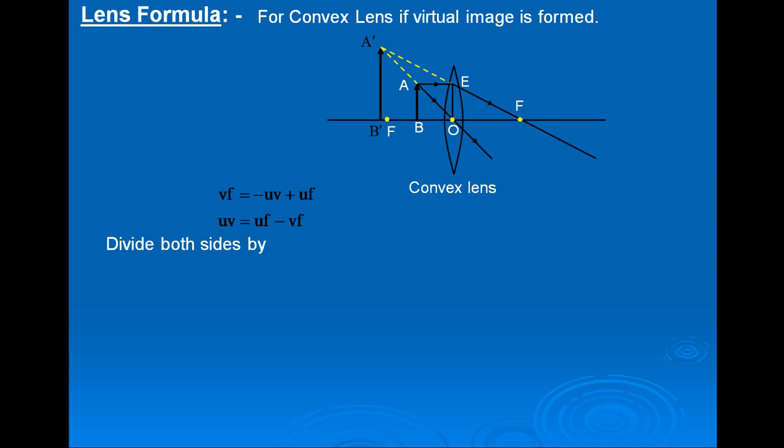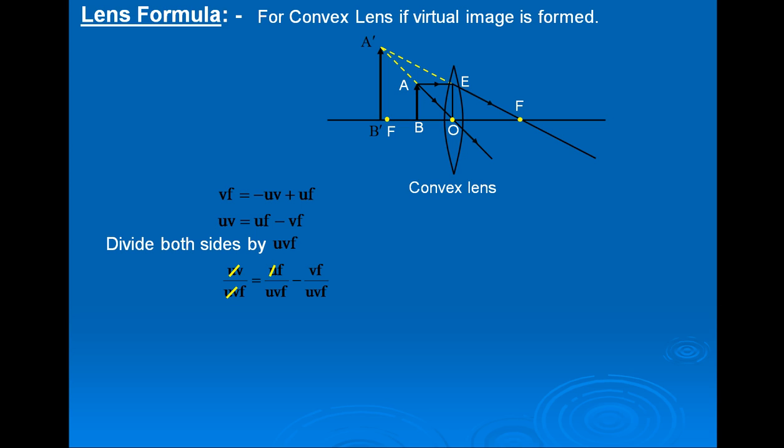Now dividing both sides by uvf, we get uv upon uvf is equal to uf upon uvf minus vf upon uvf. In the left hand side, uv cancel each other.